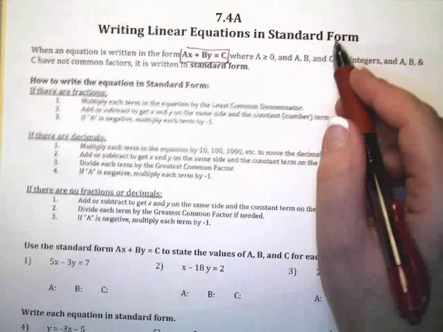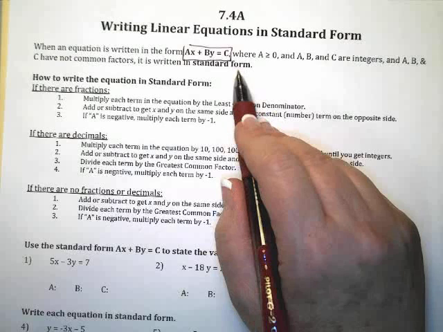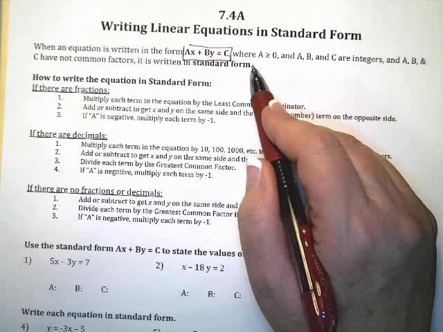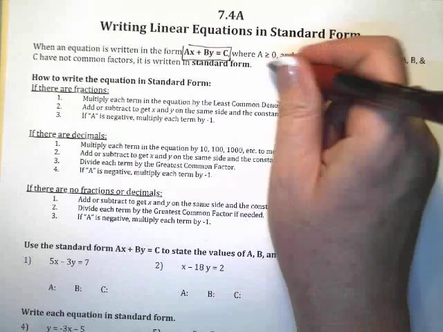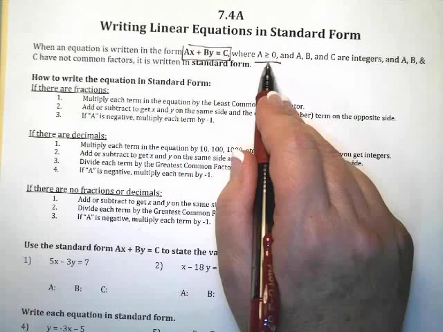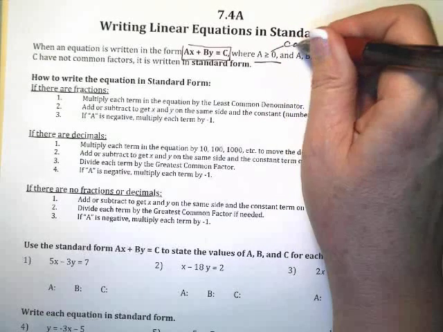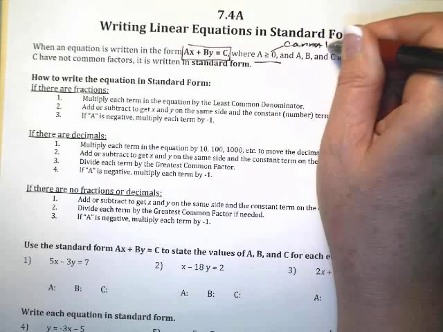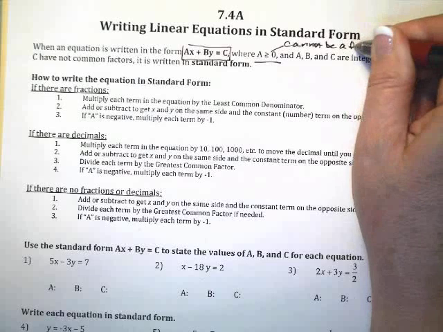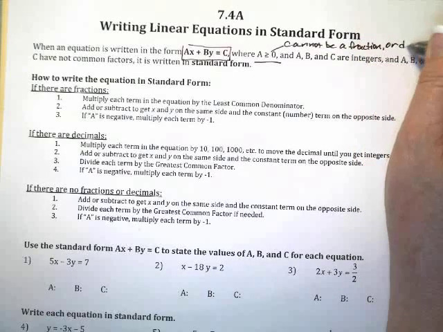Now there are some certain things that we need to have when we have an equation in standard form. So one of the first things that needs to happen is that a, so a will be a number in front of x. Well, a has to be greater than or equal to 0. So a cannot be a fraction or decimal.